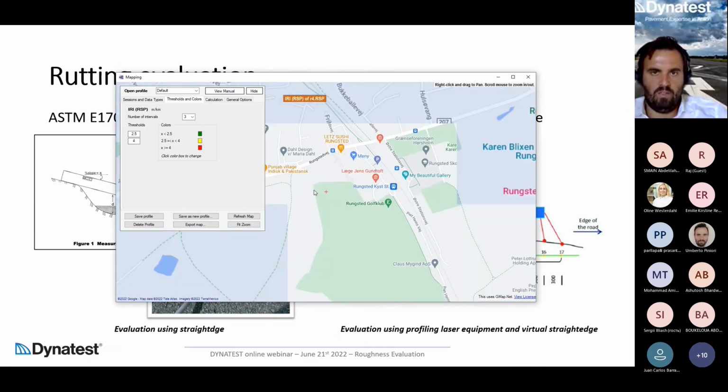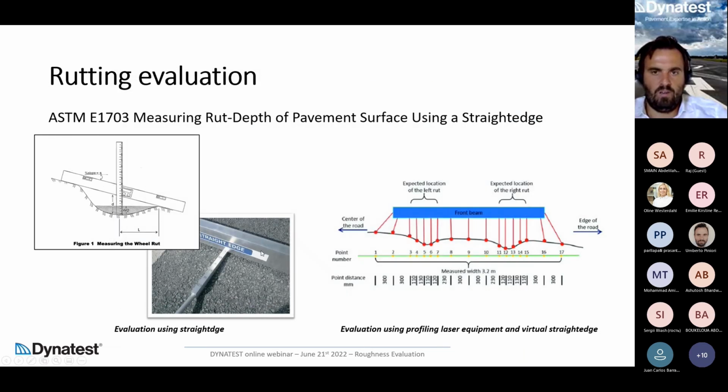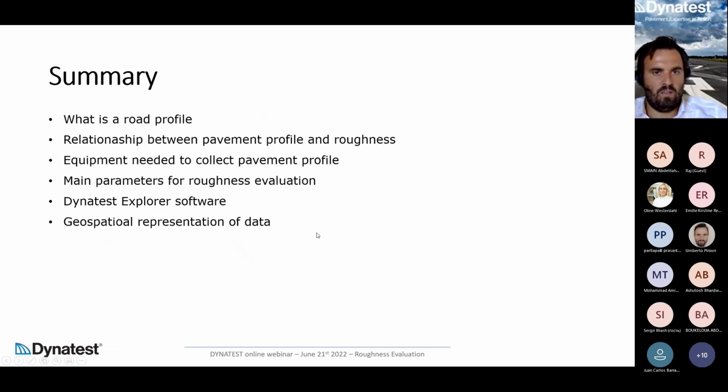Here we can go in hide, and we can close. So now we are going to summarize what we've seen in today's webinar. So we saw what the road profile is and how we define the road profile and the road roughness.